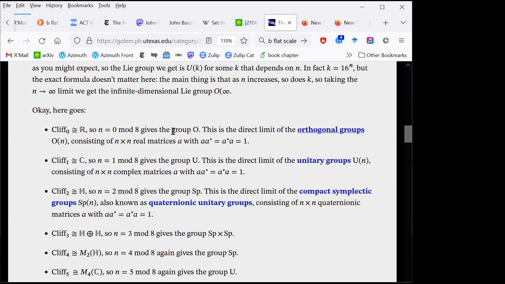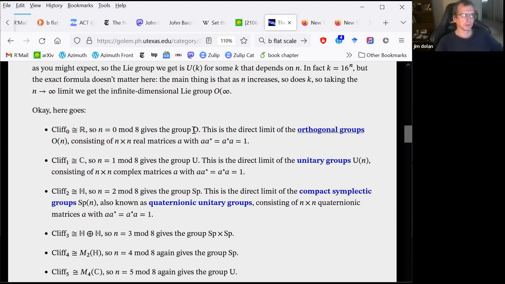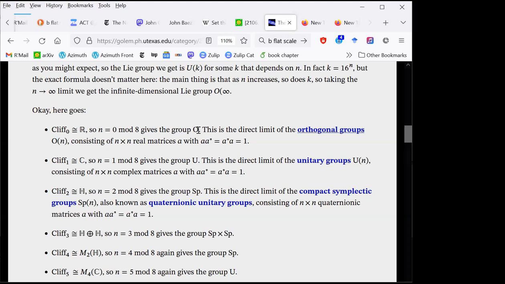And their groups of isometries are things like O1, and then you jump up to O16, and then jump up to O32, and so on. So you take a kind of direct limit of those, and you get O infinity.